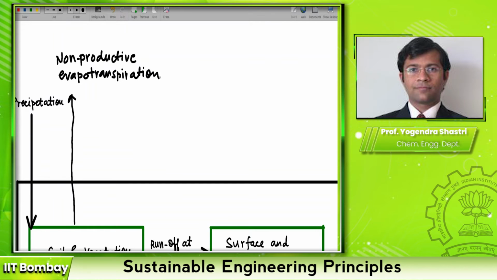So this essentially means water that is used for growing things that we don't really need. So this could mean weeds, grasses that are not intended to grow or that are not consumed eventually by us for some productive use.